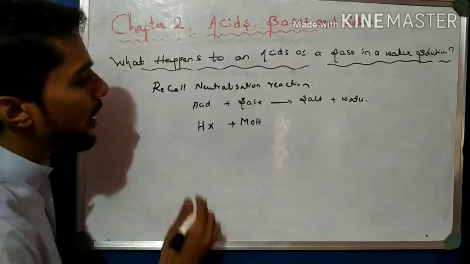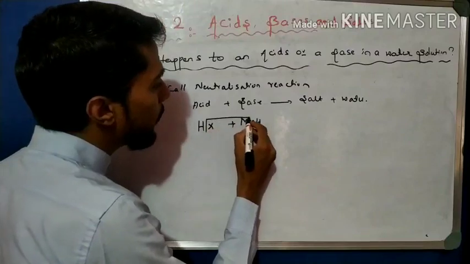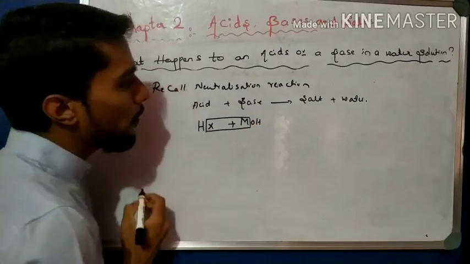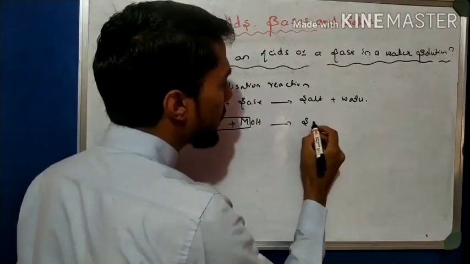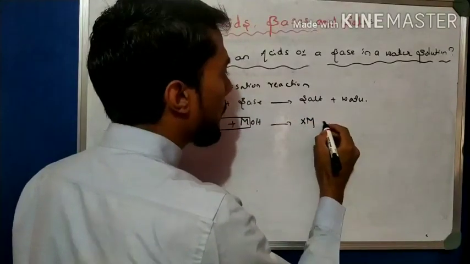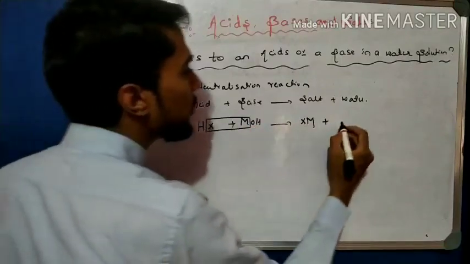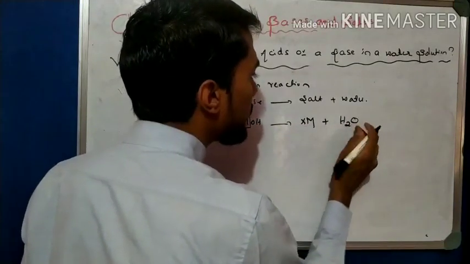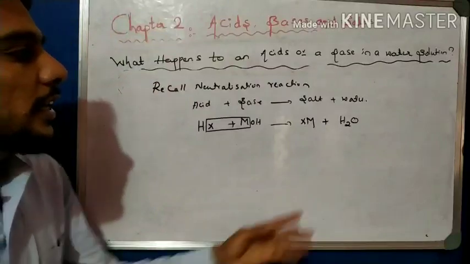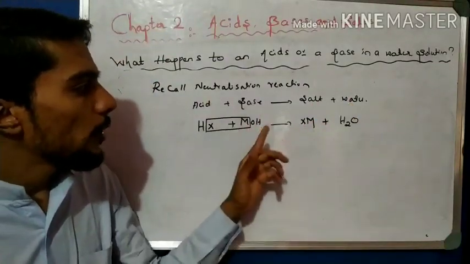Now what happens? In this case, the X and the M form the metal salt, that is MX, plus H2O, water. This reaction takes place. How are water molecules formed?